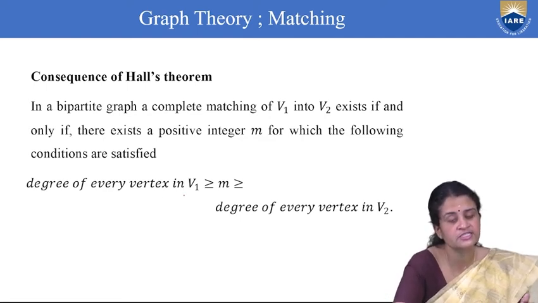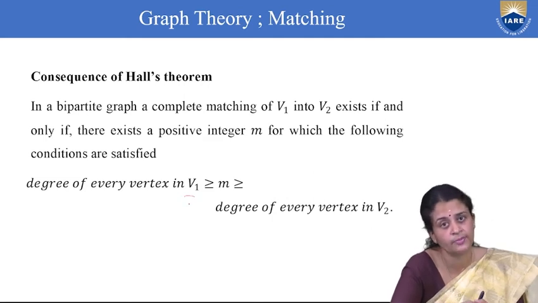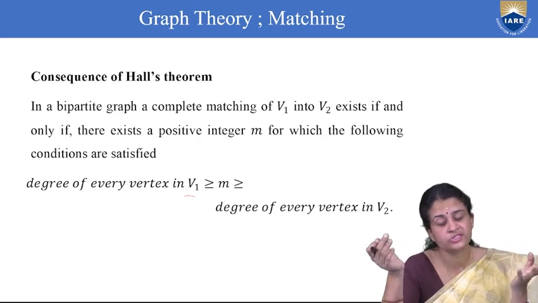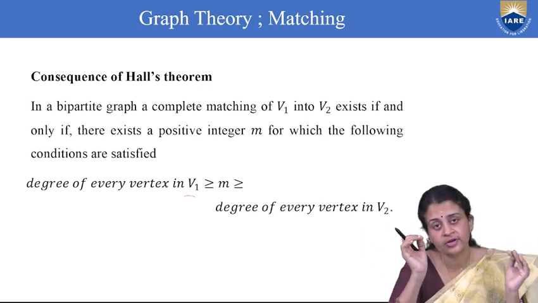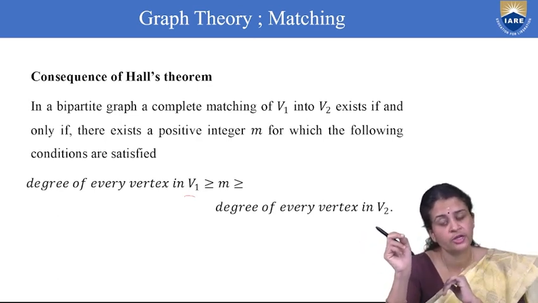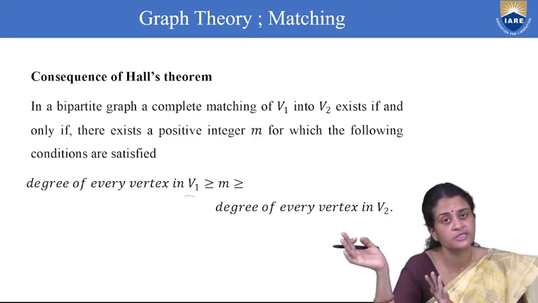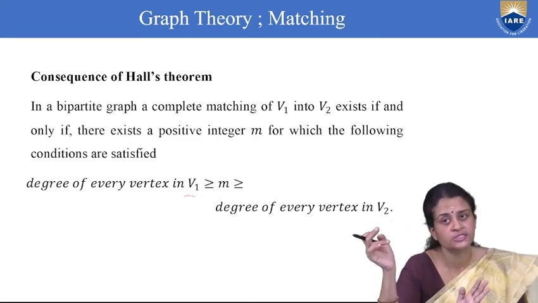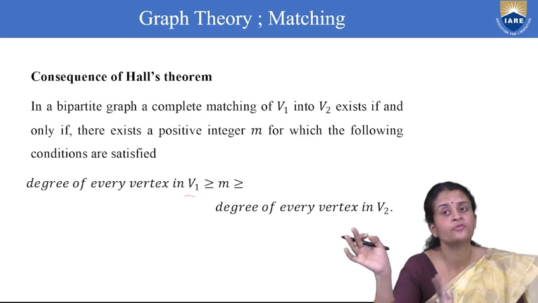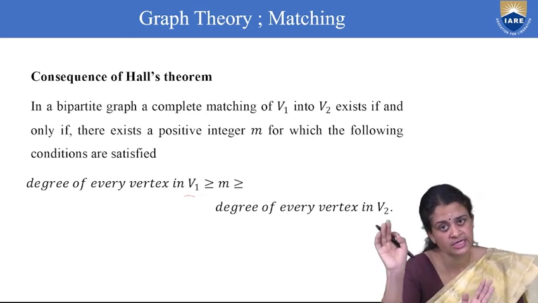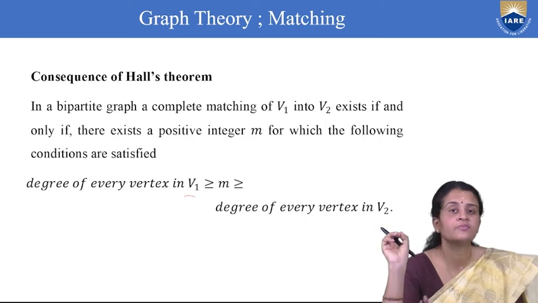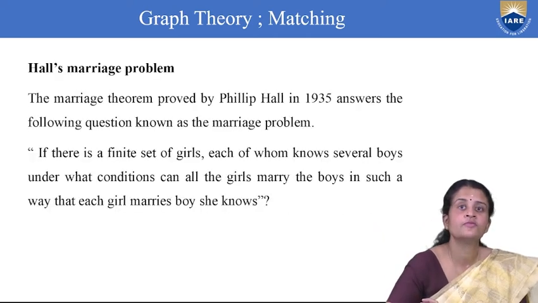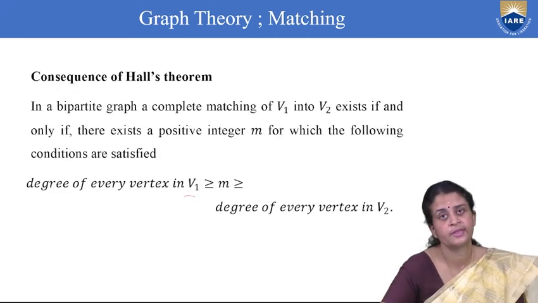The degree of every vertex in V1 should be greater than or equal to m, and m should be greater than or equal to the degree of every vertex in V2. If the degree of every vertex in V1 is greater than or equal to that particular value m, and the degree of every vertex in V2 is less than or equal to m, then this complete matching is possible. Now we will see the next condition.